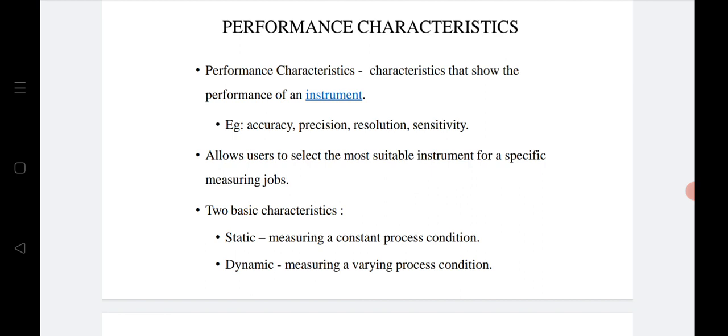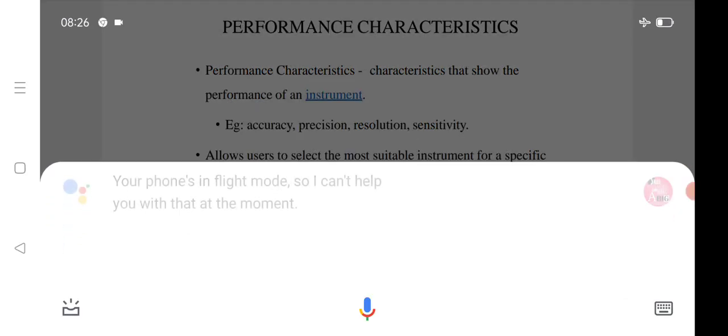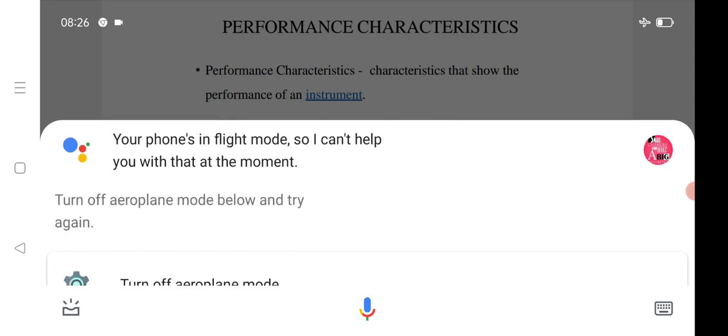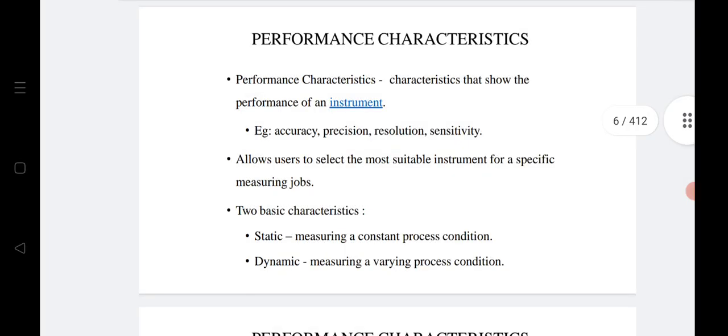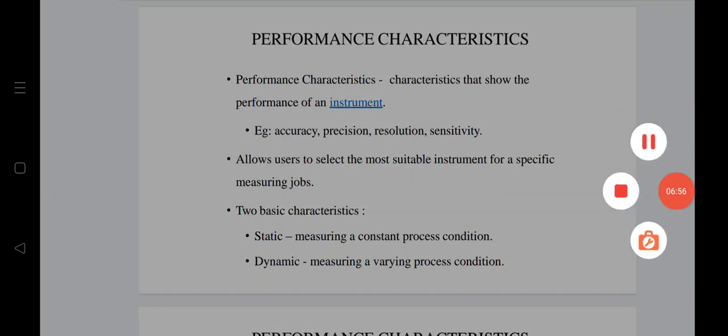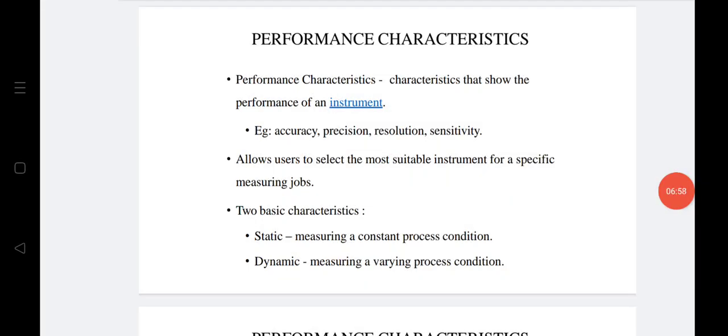Characteristics that show the performance of an instrument are known as performance characteristics.